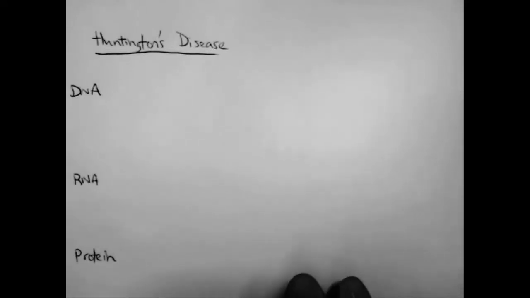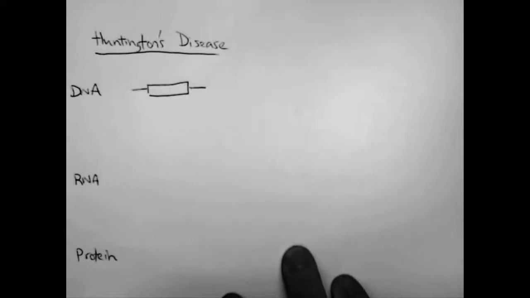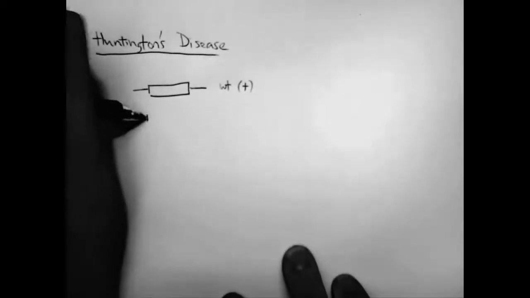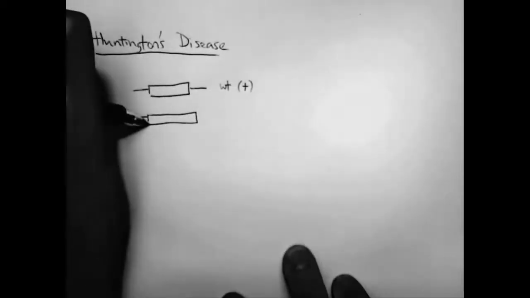And so if you looked at the wild type Huntington's gene, you would see that that particular gene is a particular size in the genome. This would be the wild type. We're going to call that the plus allele. And if you compare the mutant allele with a wild type, you'll see that it is actually longer. And this is the mutant or the minus allele.